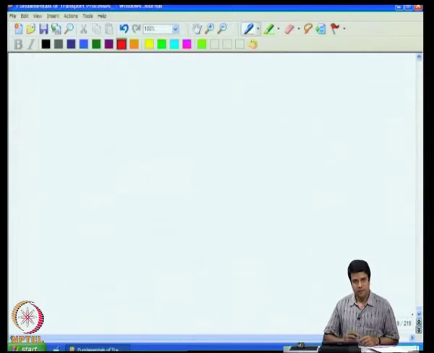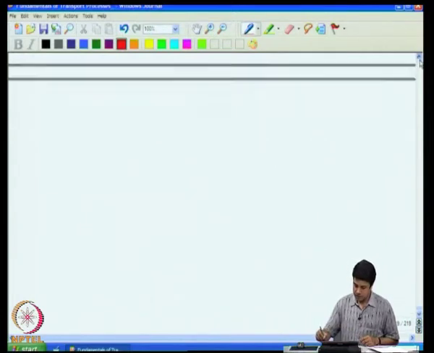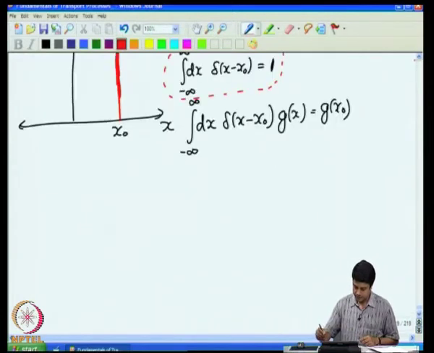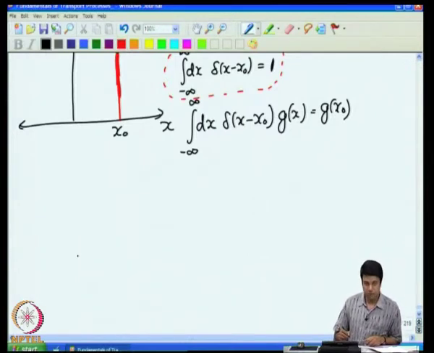One can similarly define delta functions in 2 and 3 dimensions. So, let me just briefly take you through the definition in 2 dimensions. It is exactly analogous.